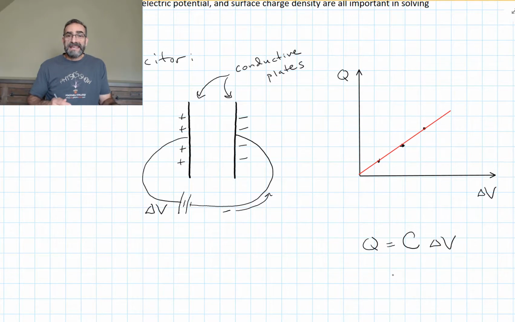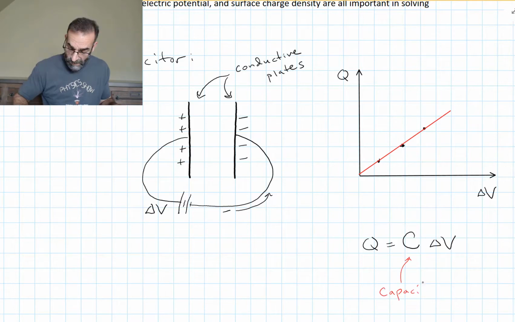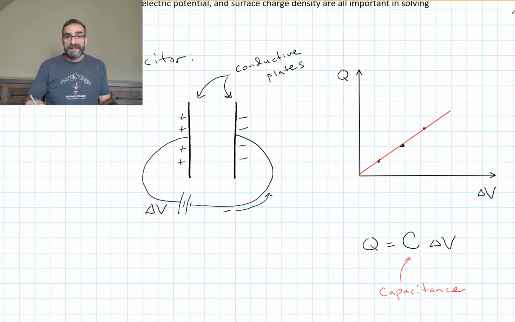We call that the capacitance of this setup. We have, in this case, two parallel conductive plates, and so the capacitance would depend on some of the physical characteristics of this capacitor. And the capacitance, as you can see from our graph, is the slope of this charge versus potential graph.